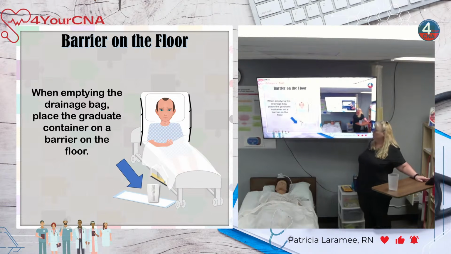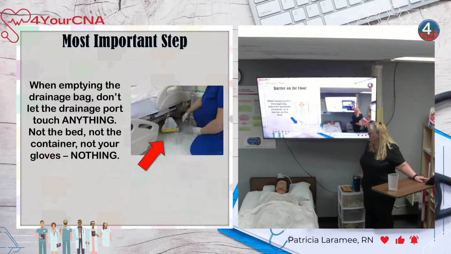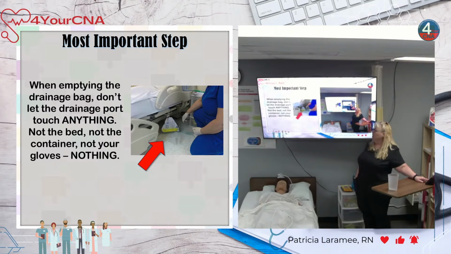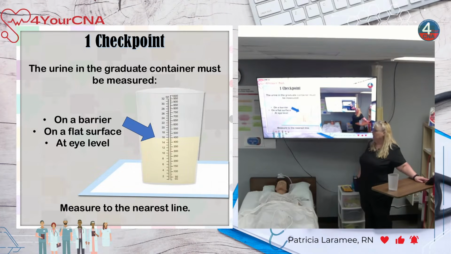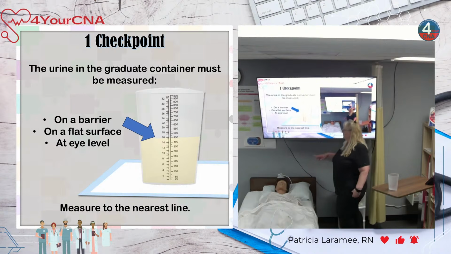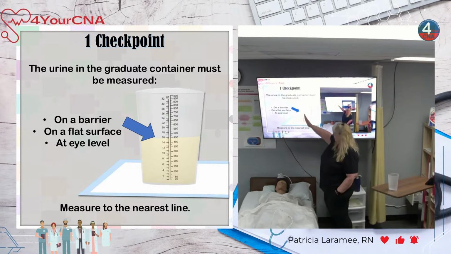All right, so when we empty the drainage bag, we're going to place the graduate container on a barrier on the floor. We're not going to let that drainage port touch anything, nothing. And then we empty the contents into the container. So when we empty the bag, it's going to put the urine in the container on the barrier.